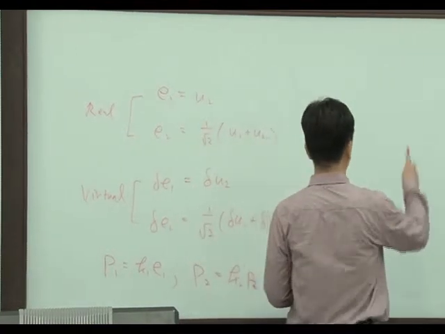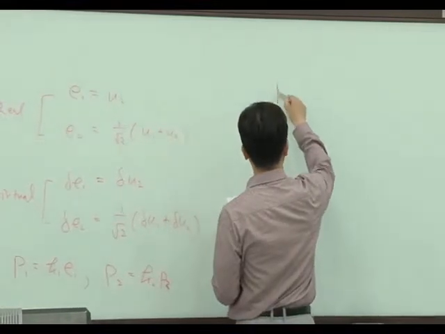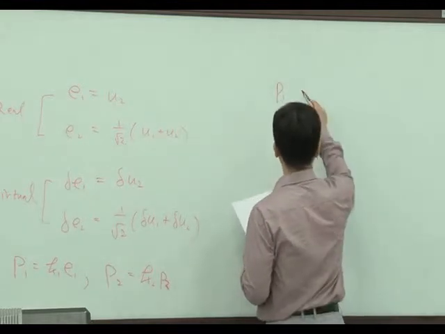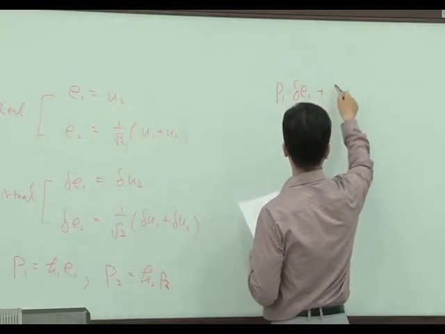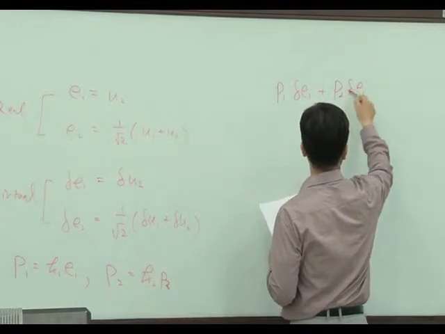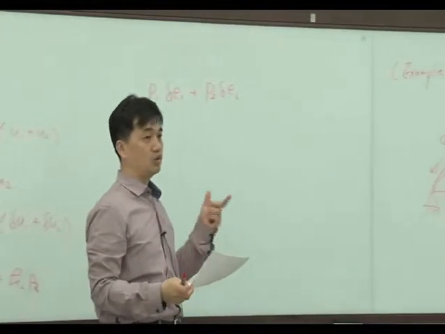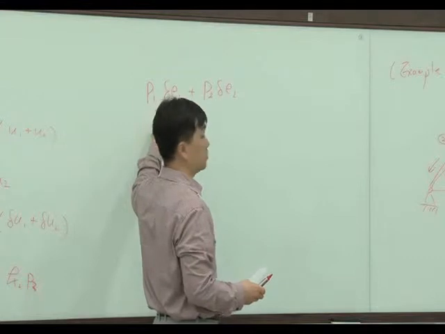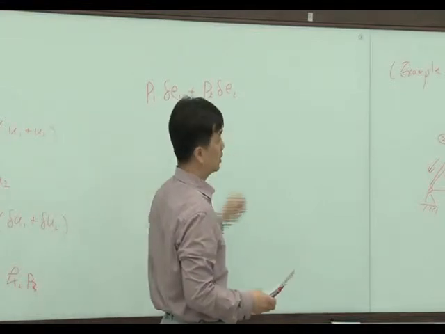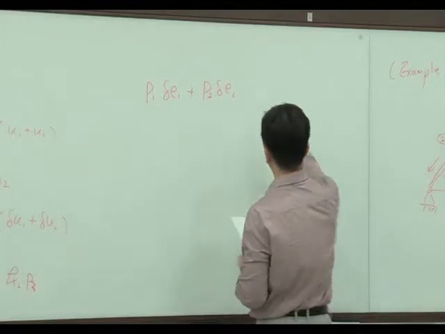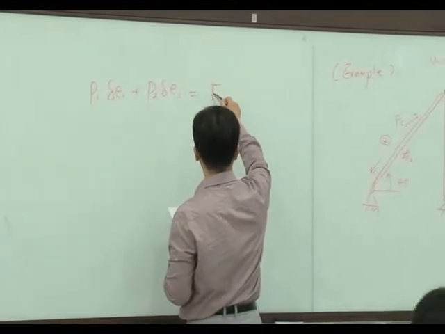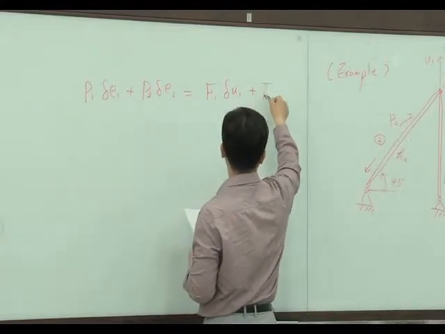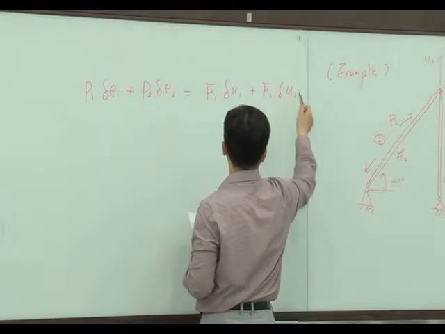So the principle of virtual work in this case: P1 times virtual E1 plus P2 times virtual E2, because we have only two members, right? So that is the internal virtual work produced by member 1 and member 2. And the external virtual work by F1 times virtual displacement U1 plus F2 times virtual U2, right?